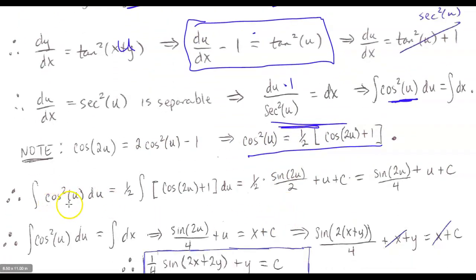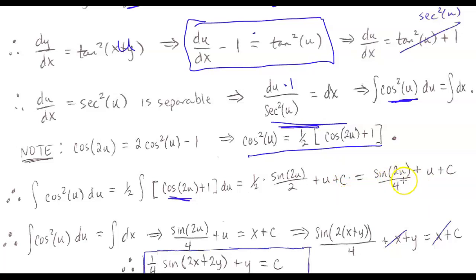So we replace cosine squared of u with 1/2 cosine of 2u plus 1. And of course, we can take the antiderivative of cosine of 2u relatively easily by using the substitution rule, and we get sine of 2u over 2. The antiderivative of 1 with respect to u is just going to be u, and then plus the integration constant that I was talking about.